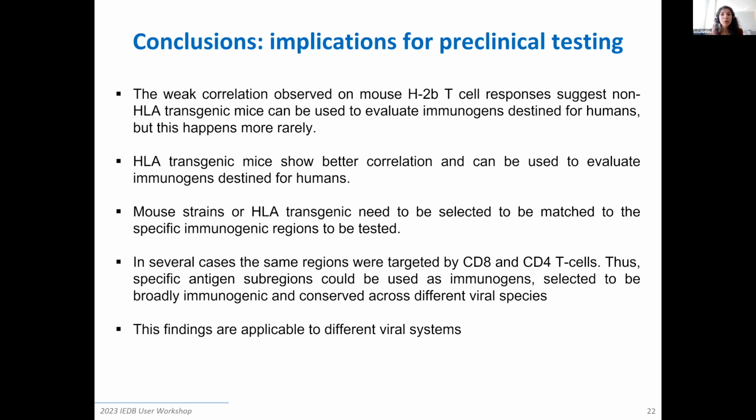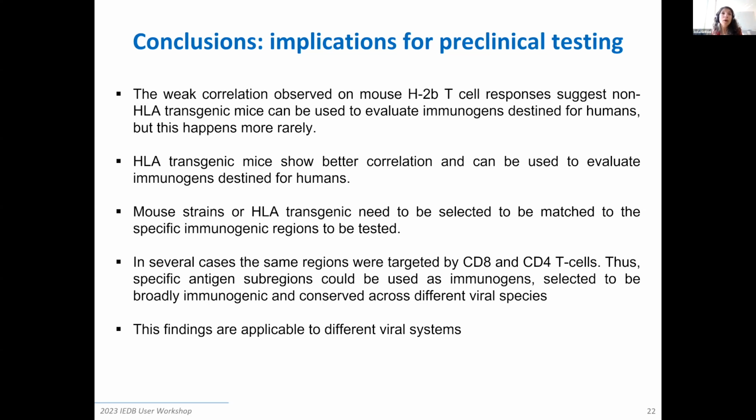In general, overall, between H2B mice and HLA transgenic mice, we do see that HLA transgenic mice have a better correlation. So probably if we want to really have an estimate of the immunogenicity in the human population, the HLA transgenic mice are a better choice. Nevertheless, both for simple mice and HLA transgenic mice, it really depends what is the region that you are testing.